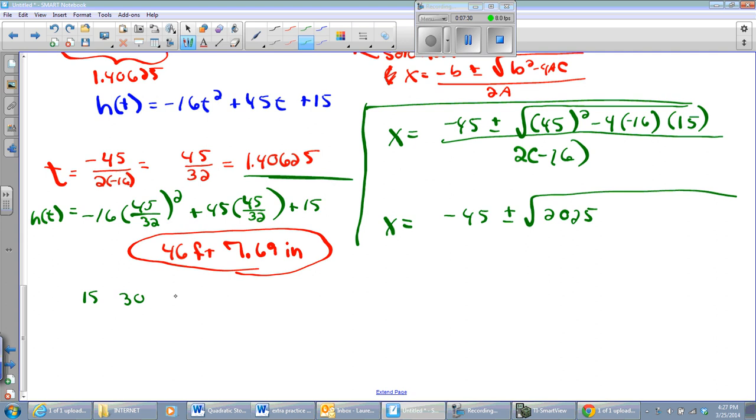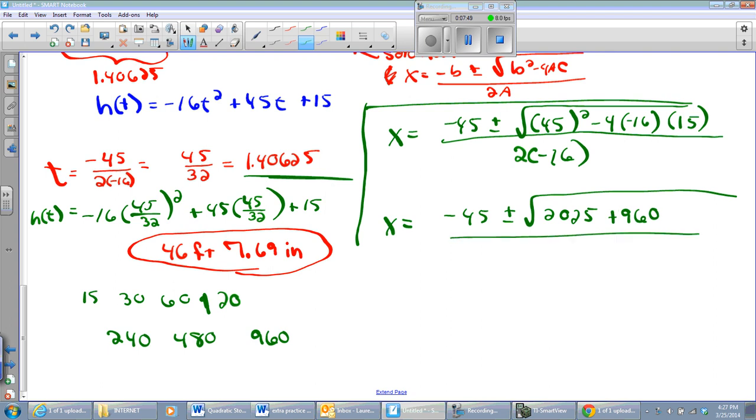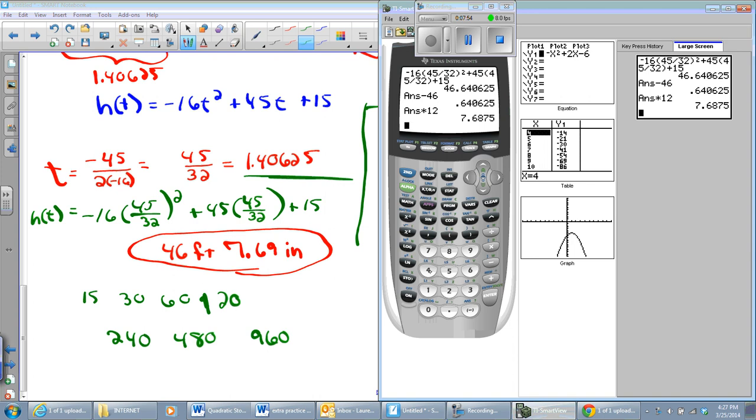So there's 30, 60, no, 120. Okay, there's 3 doubles. Now I'm up to 240, and there's 4. 480, there's 5, and then 960. And it's going to be a positive plus 960. Now I'll just confirm that, but I'm pretty sure it's right. So what was it? 4 times 16 times 15. And there you go, 960.